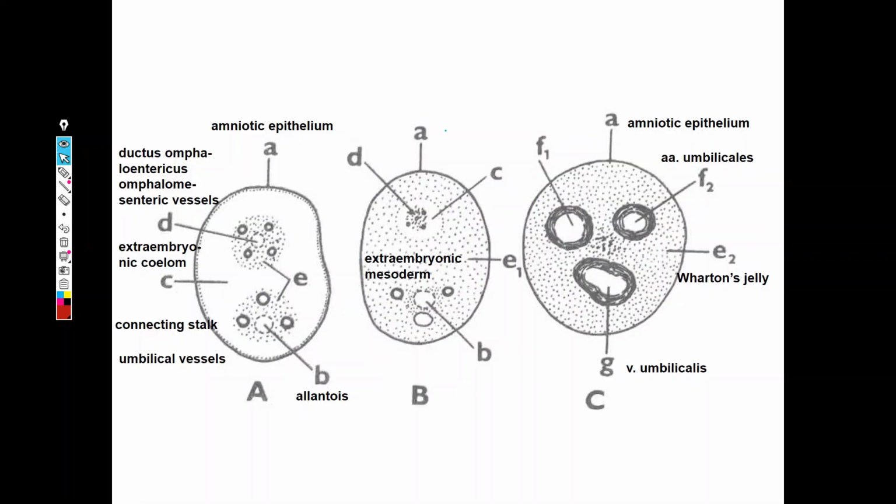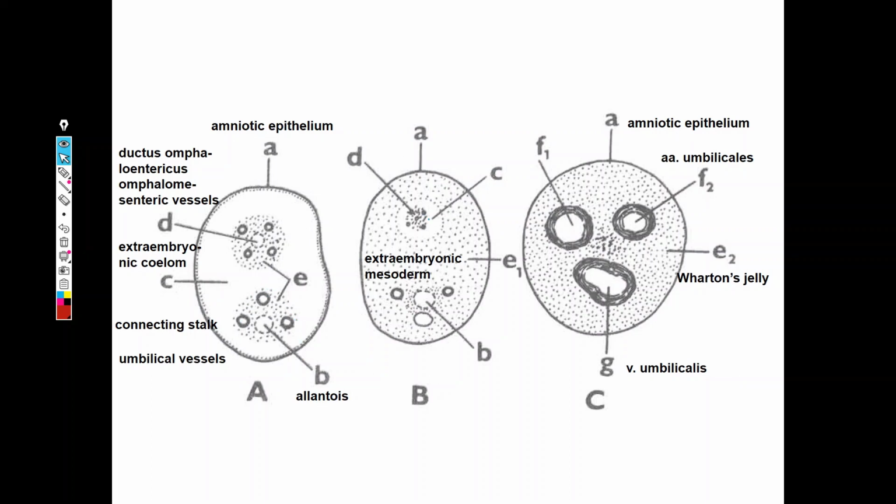So what's really happening? First, we have this kind of situation when we have a vitelline duct or omphaloenteric duct with vitelline vessels around, and we have the allantois, which is a protrusion of the yolk sac right here, and two arteries and one umbilical vein, or umbilical vessels.